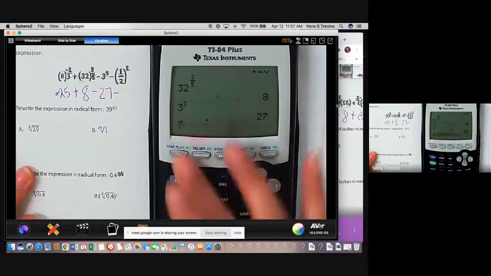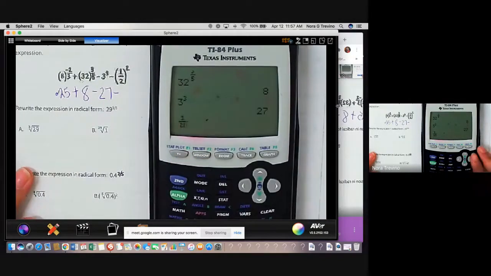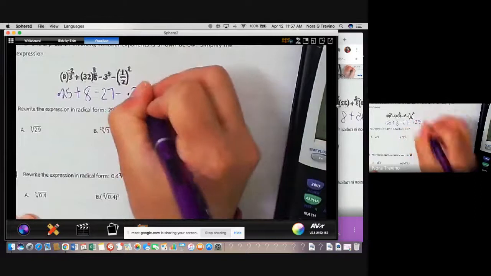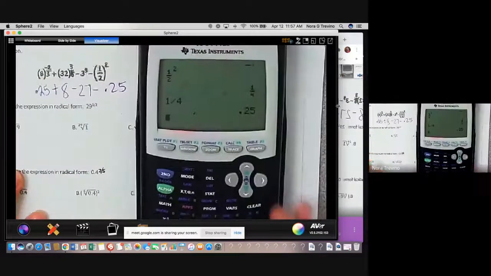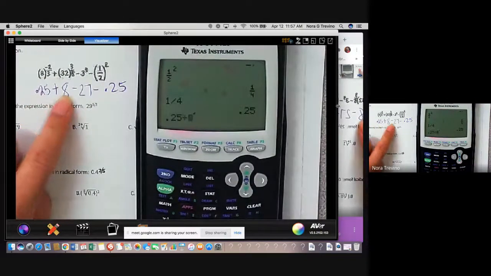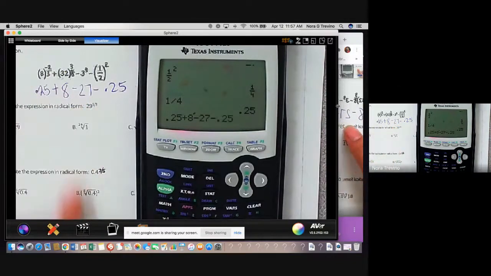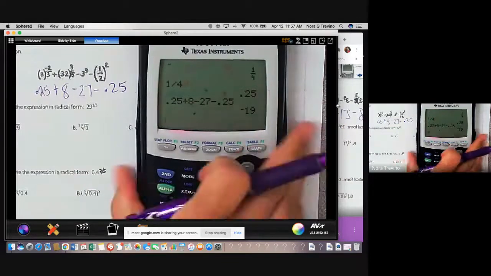So alpha y equals enter, half, raise it to the second power. 1/4. Okay, which, what is that as a decimal? If you want to write it as a decimal, 1 divided by 4, 0.25. And then I just type it all in. 0.25 plus 8 minus 27 minus 0.25. Negative 19.